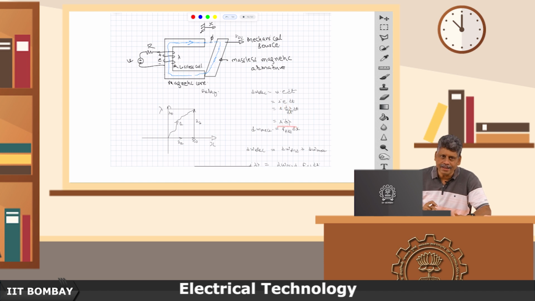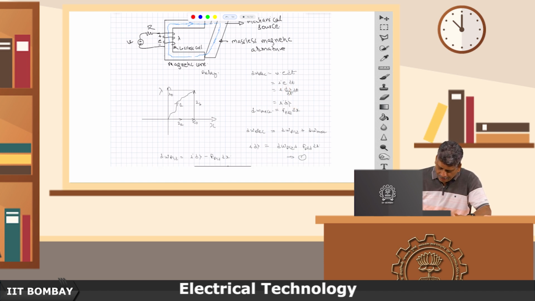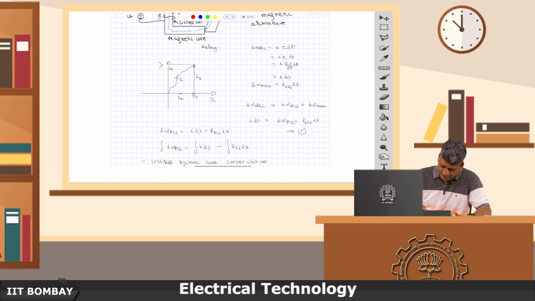So, you get i d lambda. Now, the mechanical work done is the force f_fld times dx, this is the incremental work which is done, and the electrical energy, this is exactly what is called motor action, is equal to the change in the magnetic field energy plus the change in the mechanical energy.